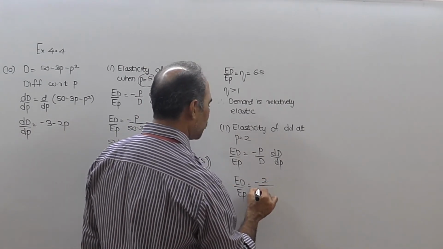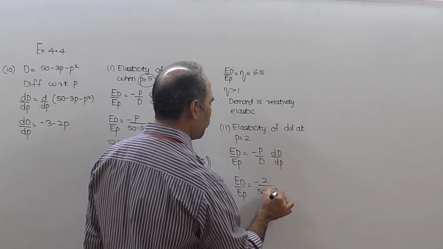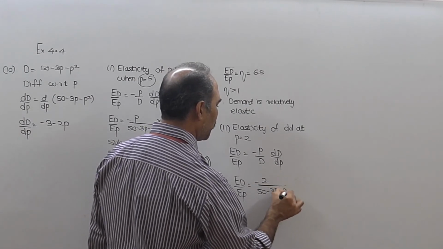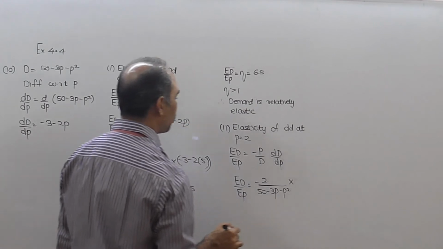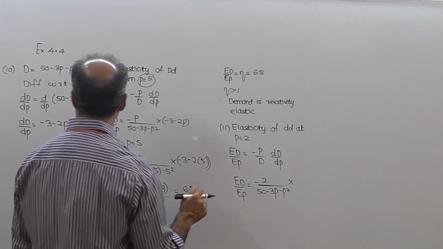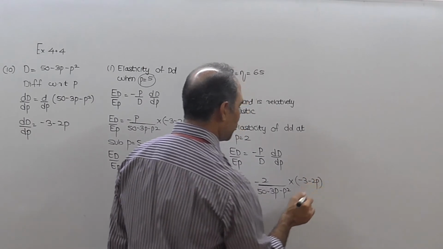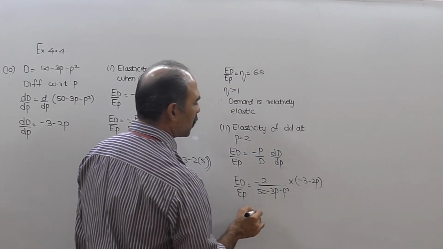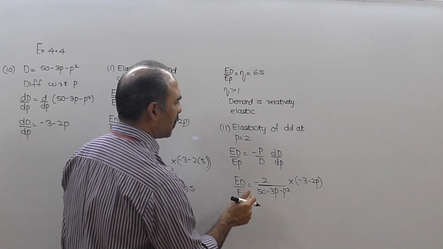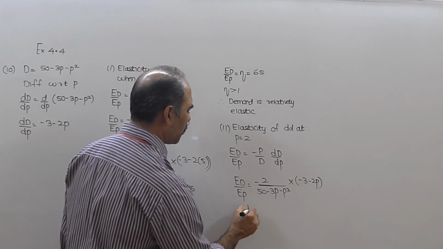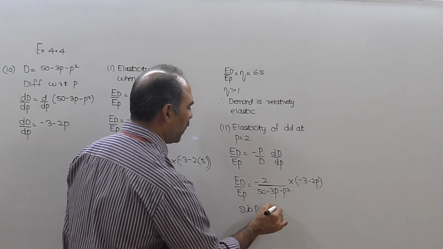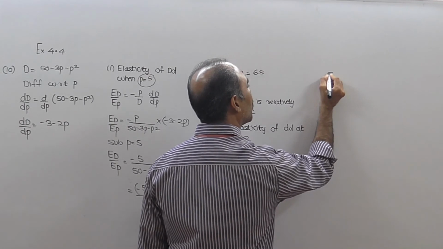D is 50 minus 3P minus P square multiplied by DD upon DP, which is minus 3 minus 2P. So what you can do is substitute P equal to 2.